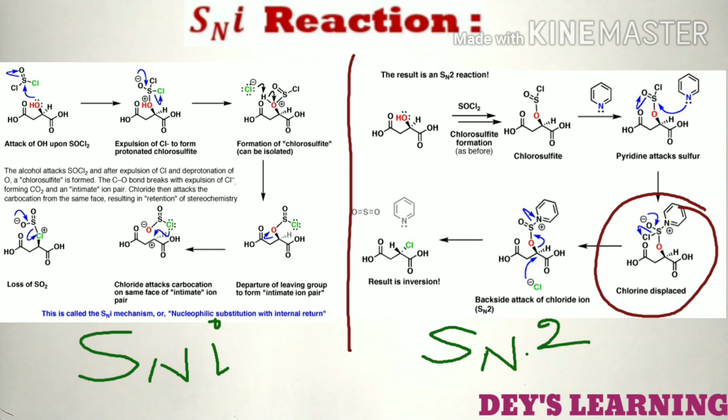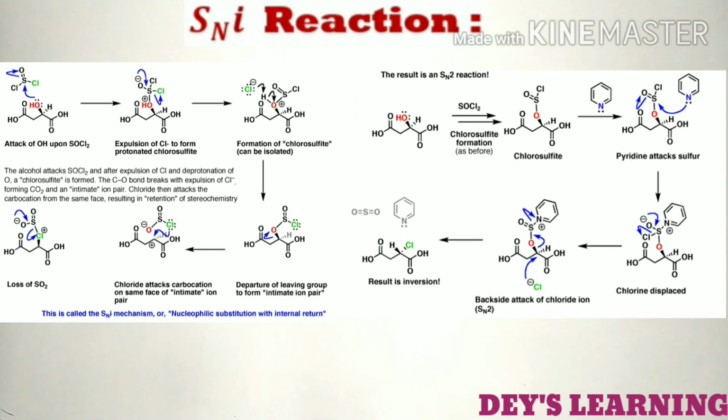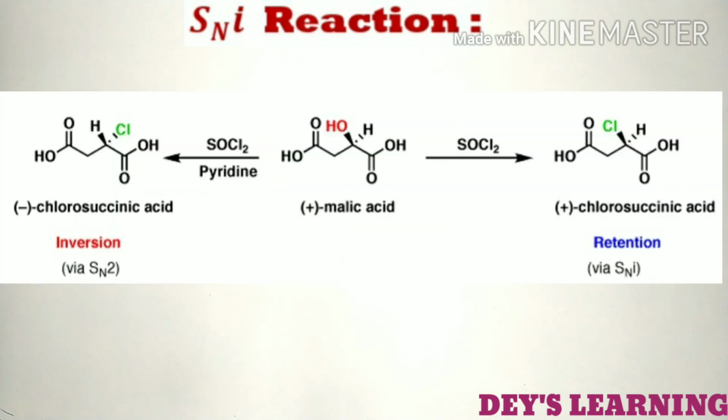So we can sum up these two reactions. If plus malic acid is treated by SOCl2, we get the plus chlorosuccinic acid with retention of configuration via SNi reaction, and if a plus malic acid molecule is treated with SOCl2 in presence of pyridine, we get the minus chlorosuccinic acid with inversion of configuration via SN2 reaction.